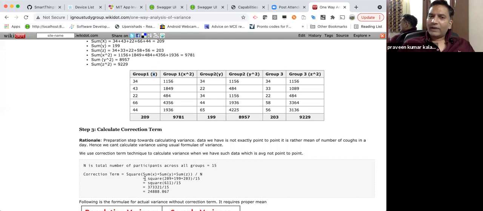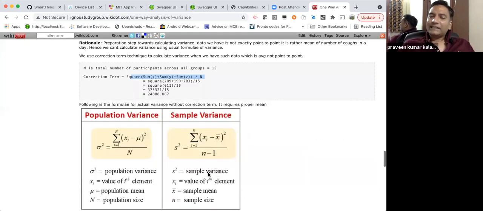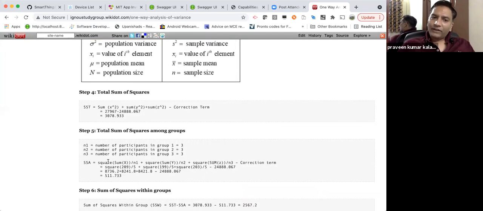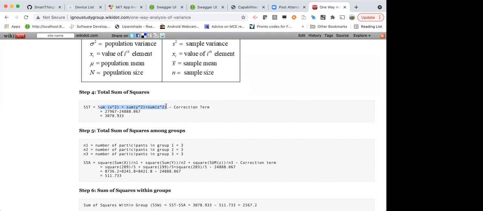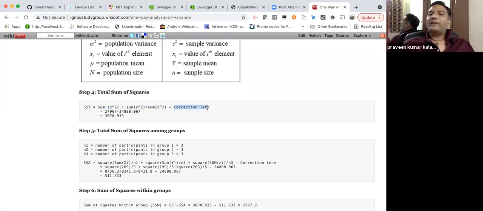So imagine that this is the mean which you deduct after calculating these sums. Instead of deducting the mean in each reading, you deduct the mean as a whole.